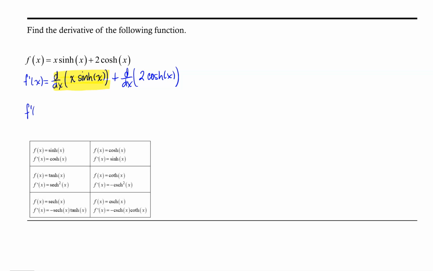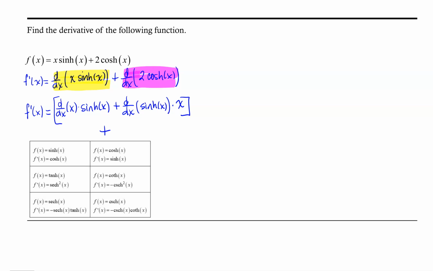So f prime of x will be the derivative of the first function, which is x, times the second, which is sinh, plus the derivative of the second function, sinh of x, times the first function. Plus, with our second function here, we will need to use the constant multiple rule. So we will have 2 times the derivative with respect to x of cosh of x.